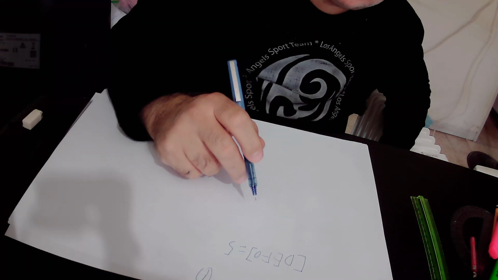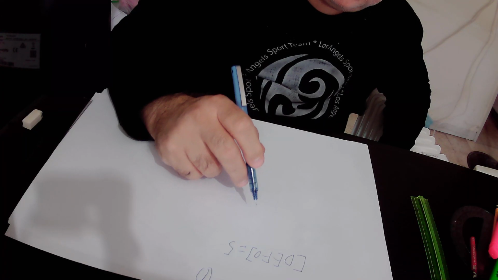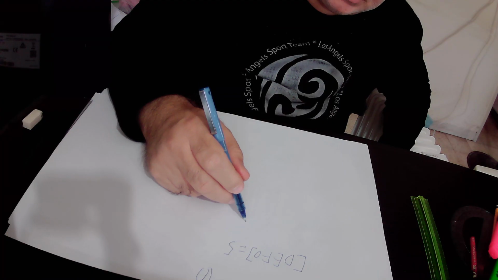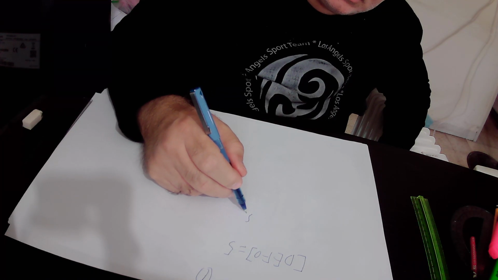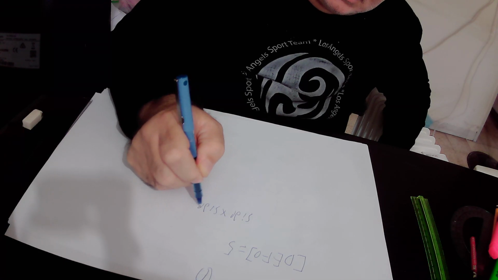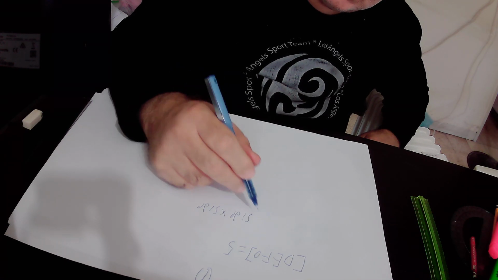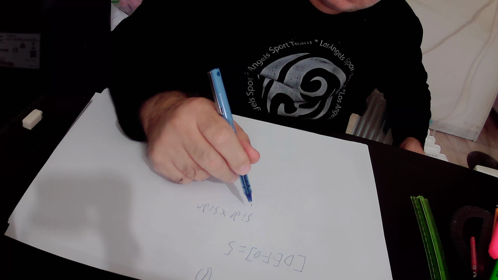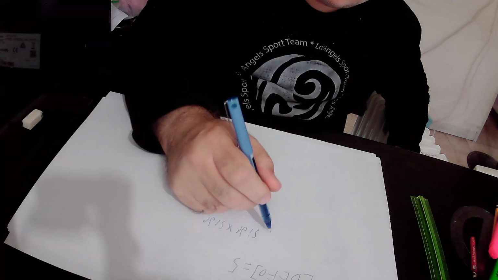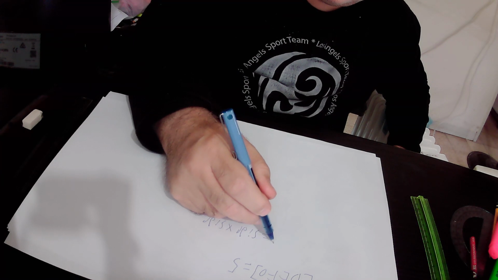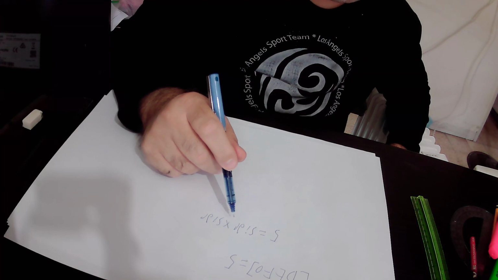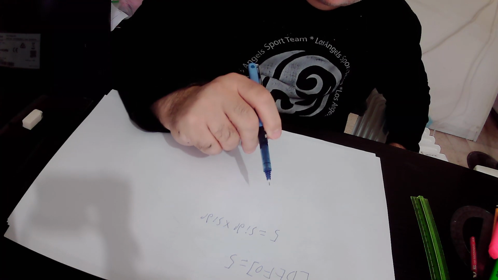We note that the area of any square equals one side of the square squared, or side times side, and the area of our square DEFO equals 5 units. So 5 equals side times side of our square.